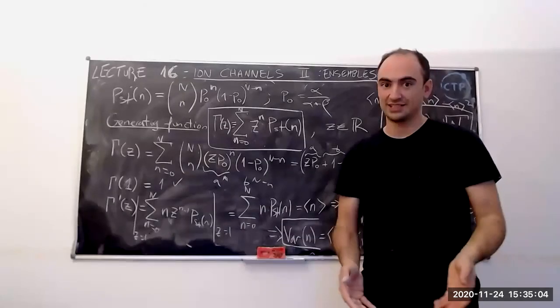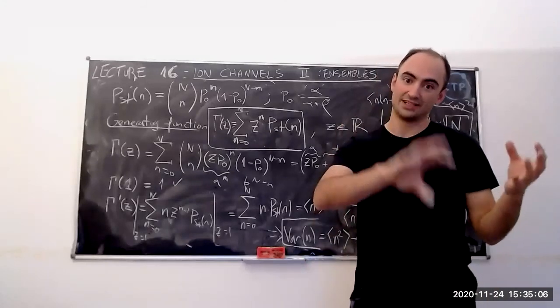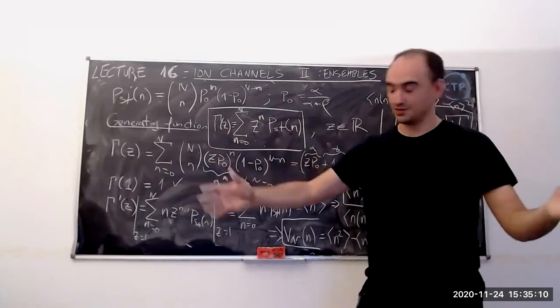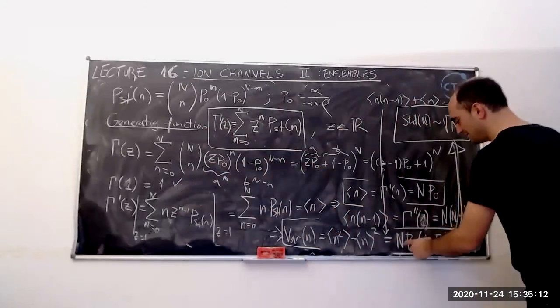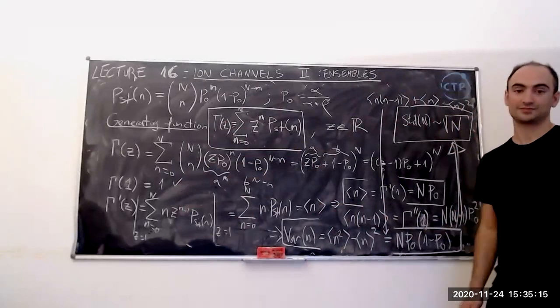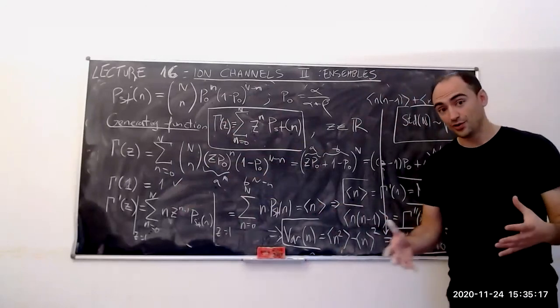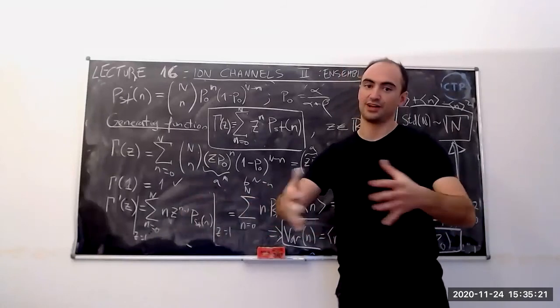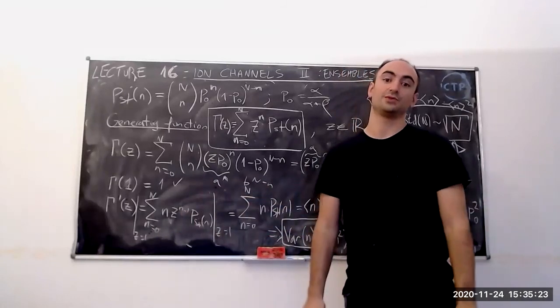Different cells will have different numbers of open channels. You build a distribution, and the variance of this distribution is linear in n. The more channels you have open, the larger the variance. There will be more fluctuations. This is what it means.